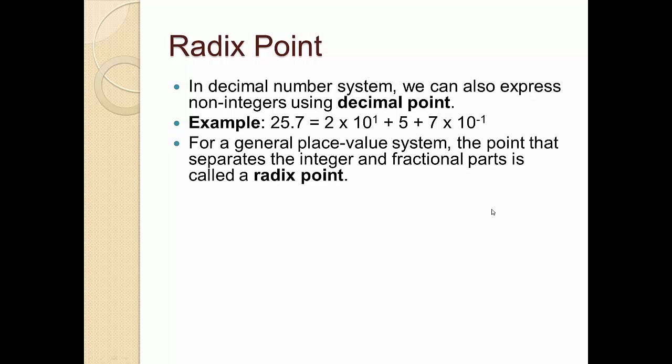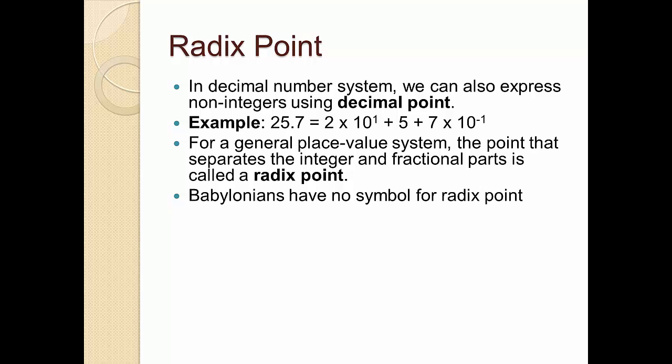For a general place value system, the point having the analogous function as decimal point is called the radix point. Babylonians did use the numerals to represent non-integers in a similar way. But unfortunately, Babylonians didn't have any symbol for radix point.